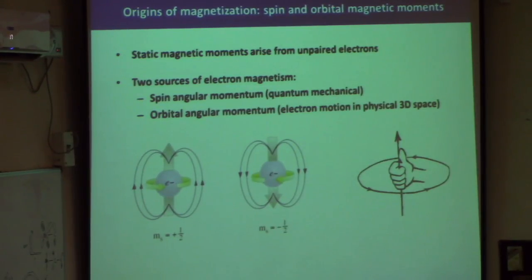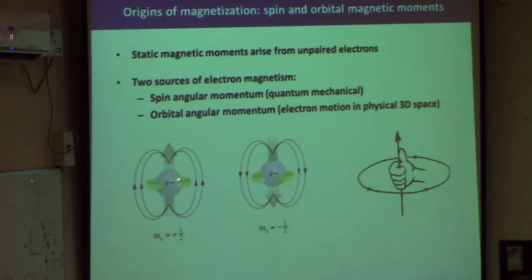So, where does this magnetisation come from? We have already discussed this a little bit. Obviously, it comes from the unpaired electrons. It comes from the spin contribution and the orbital contribution and the way in which these things interact with each other. So the static moment arises from unpaired electrons. We have the spin angular momentum, which is a purely quantum mechanical effect.